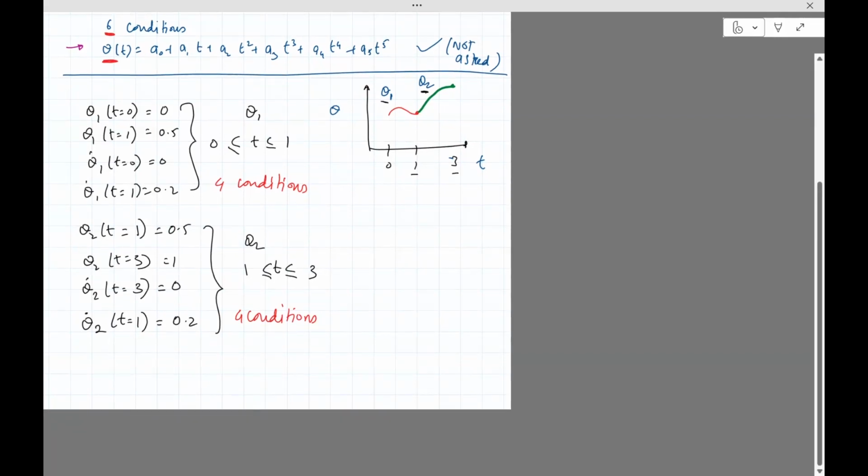So we'll assume a third order polynomial for theta 1 and a third order polynomial for theta 2, because there are 4 conditions for each of those.